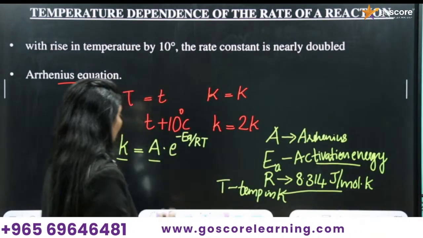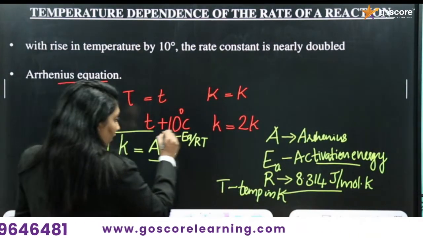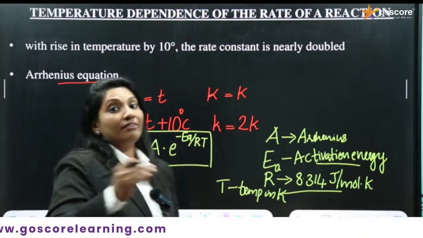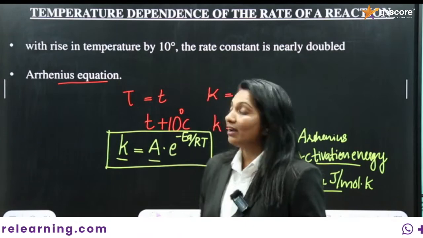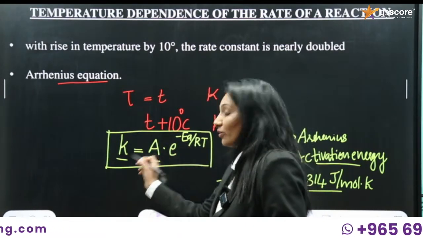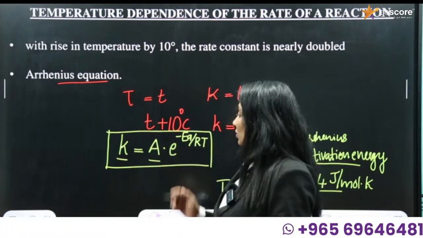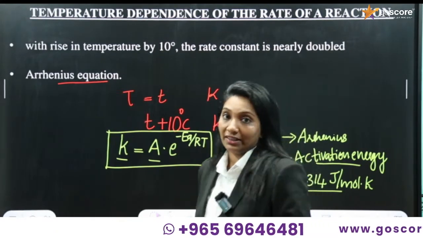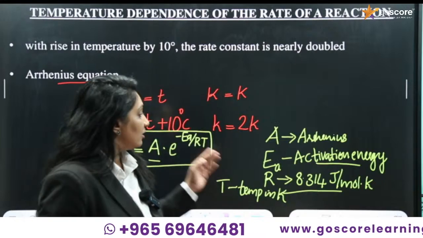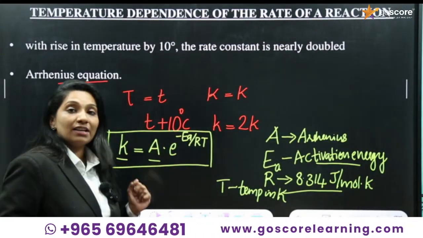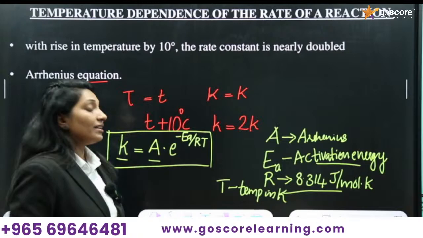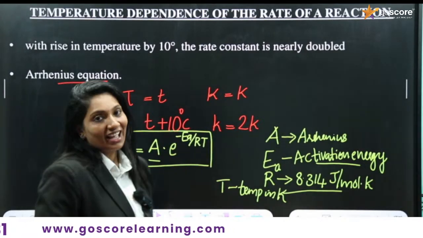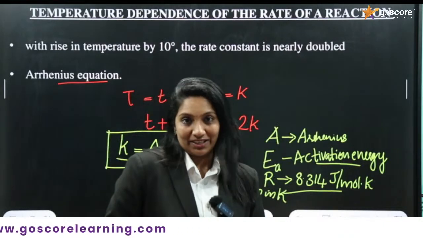So this is a very important equation: the effect of temperature on the rate constant is given by the Arrhenius equation, K is equal to A into e to the power minus Ea by RT. In that, K is the rate constant, A is the Arrhenius constant, Ea is the activation energy, R is the gas constant, and T is the temperature.